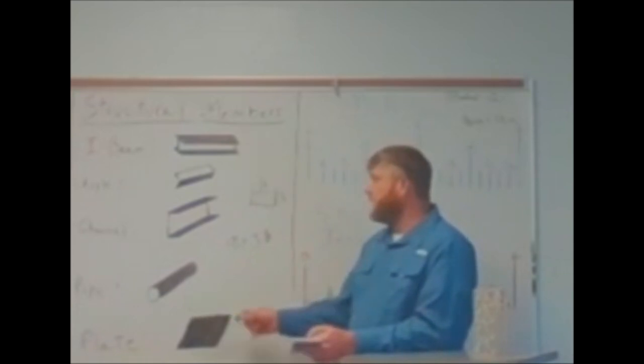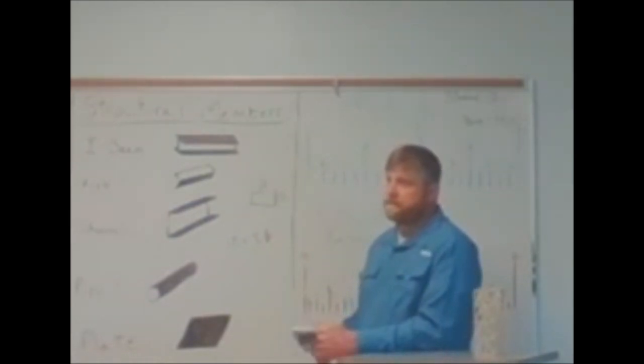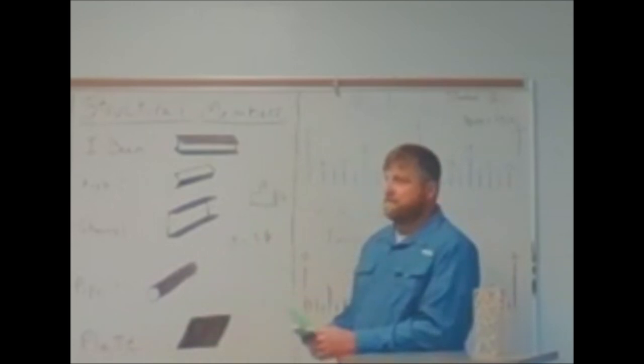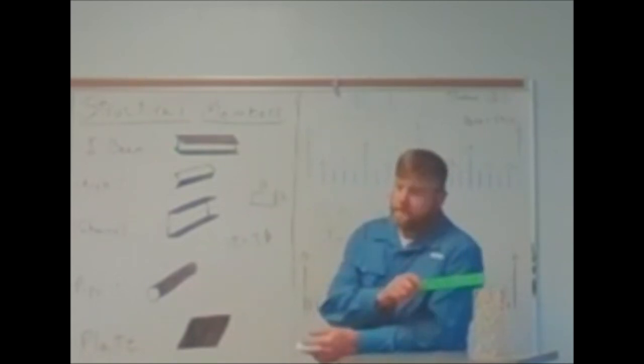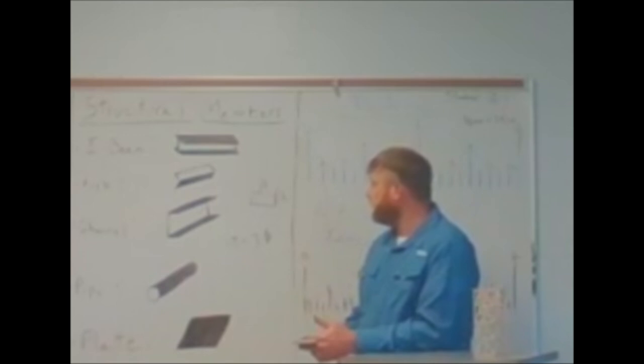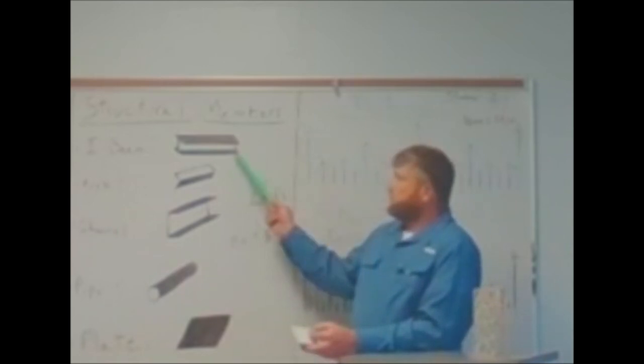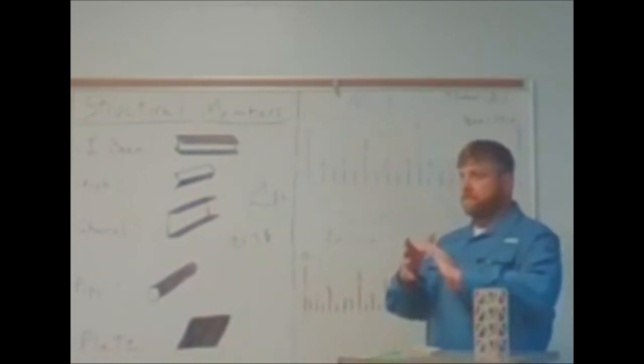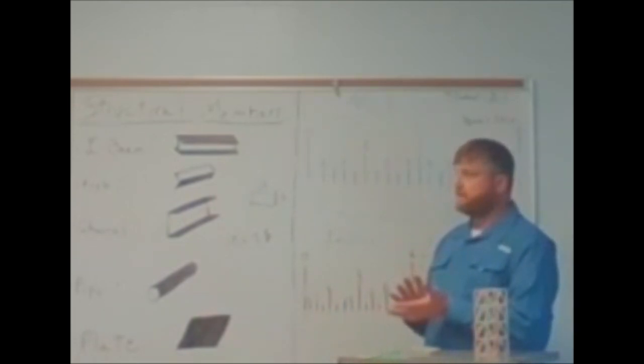And so even though pipe would be very useful to counter structural forces, it's not very easy to build with. So ease of construction needs to be a key factor in your design also. So the more flat surfaces you have, the easier it is to connect in different configurations, right?